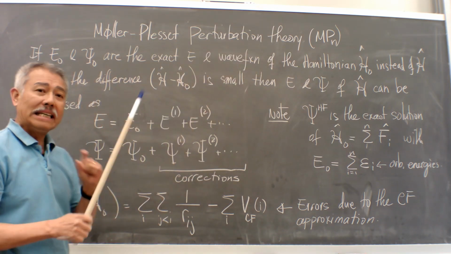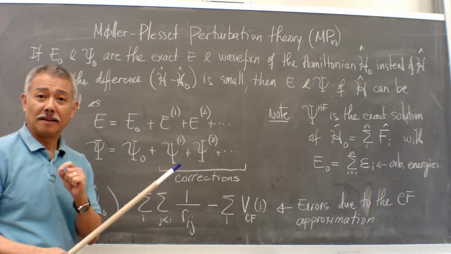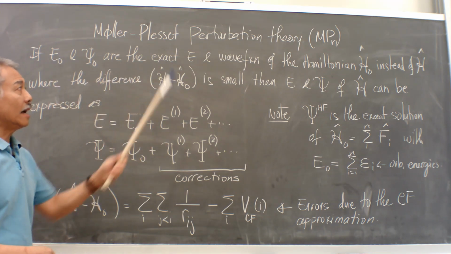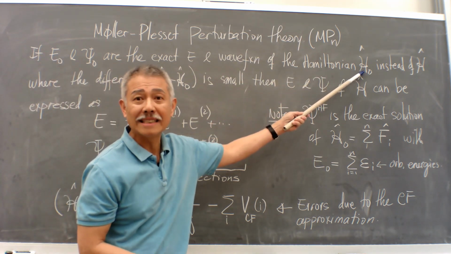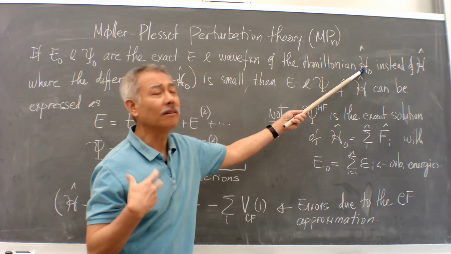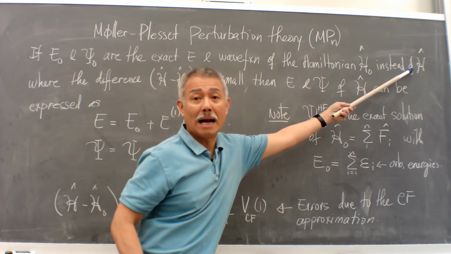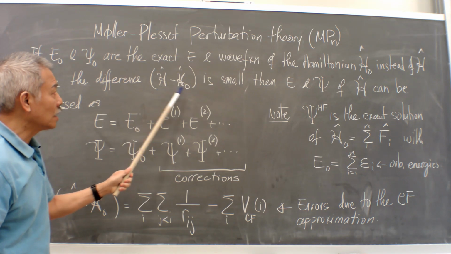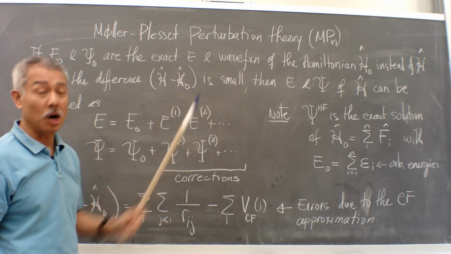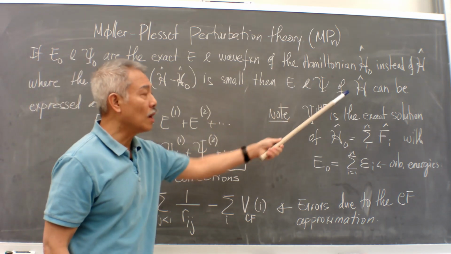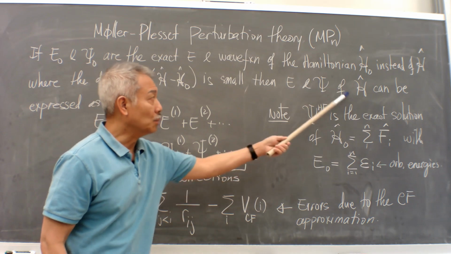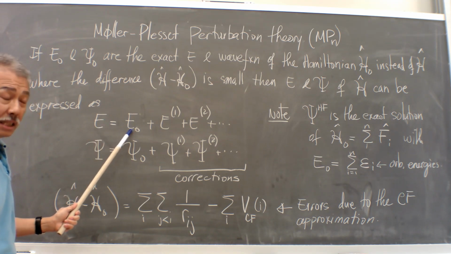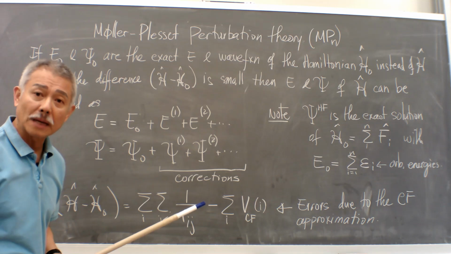The key aspect of the theory is that if E0 and psi0 are the exact energy and wave function of the Hamiltonian H0, which is similar to or approximates the real full Hamiltonian, where the difference between the full Hamiltonian and the approximated Hamiltonian is small, then the energy and the wave function of the full Hamiltonian can be expressed as sums of energy E0 and different orders of corrections.